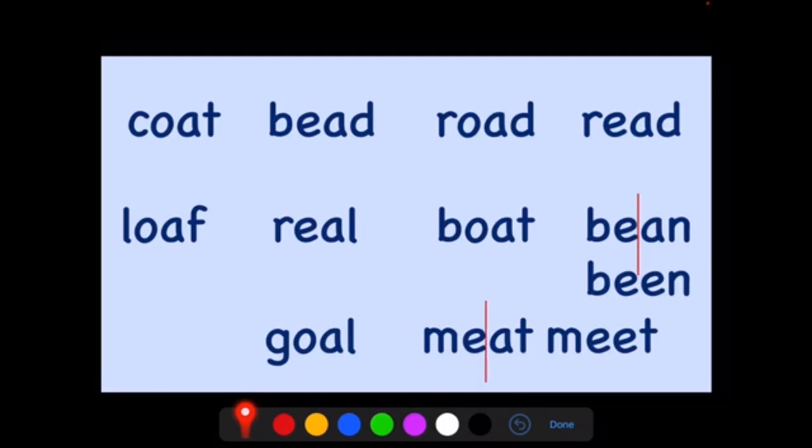Me-at. Or we can say, this meat is the one I eat, because there's the word eat. Strategies for you to think about when you're spelling.